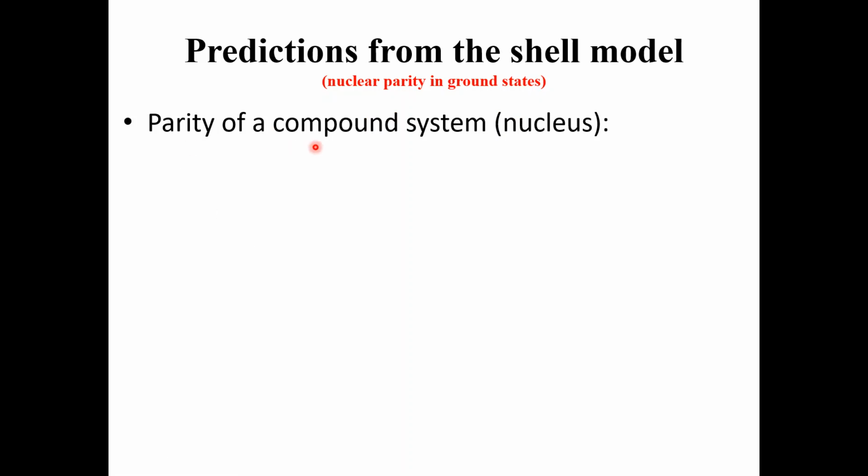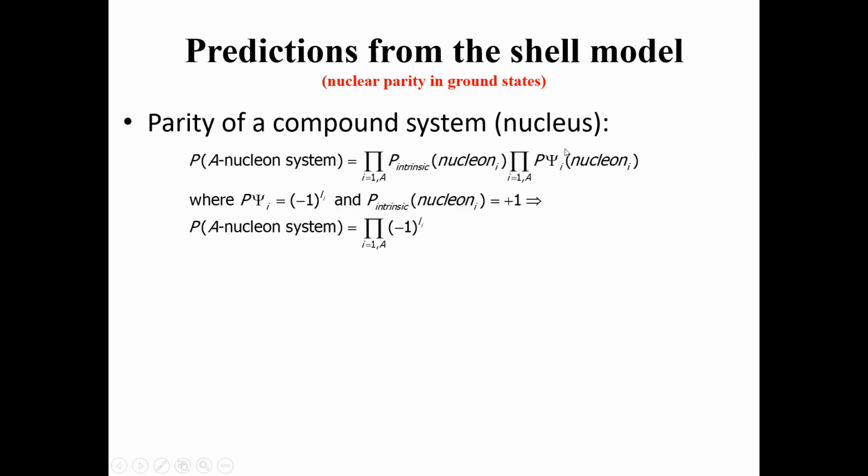Now, the parity of a composite system, that is the nucleus. You know the concept of parity from nuclear physics, and you also studied it in quantum mechanics. Here in this particular case, we will consider the parity for nuclear systems.